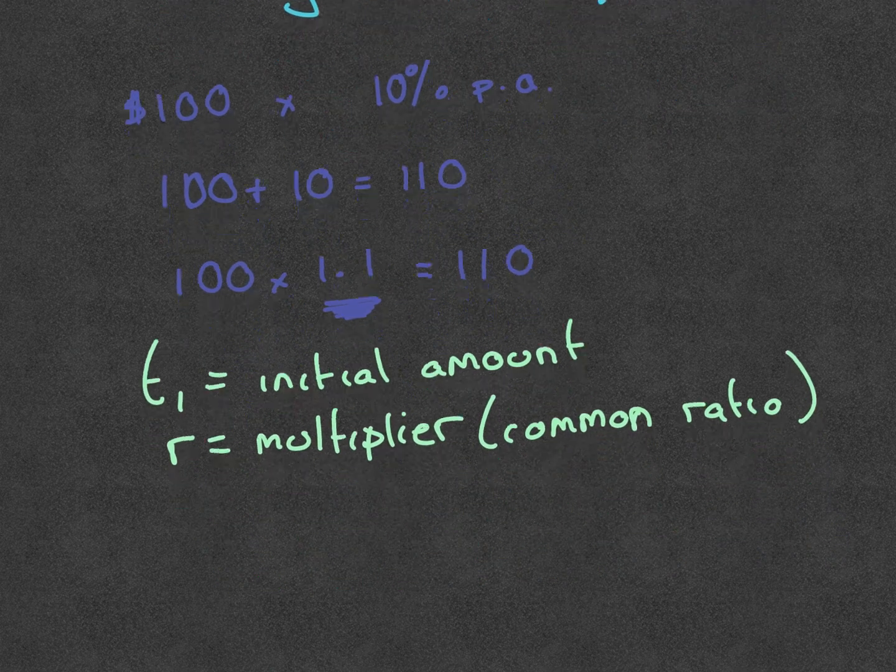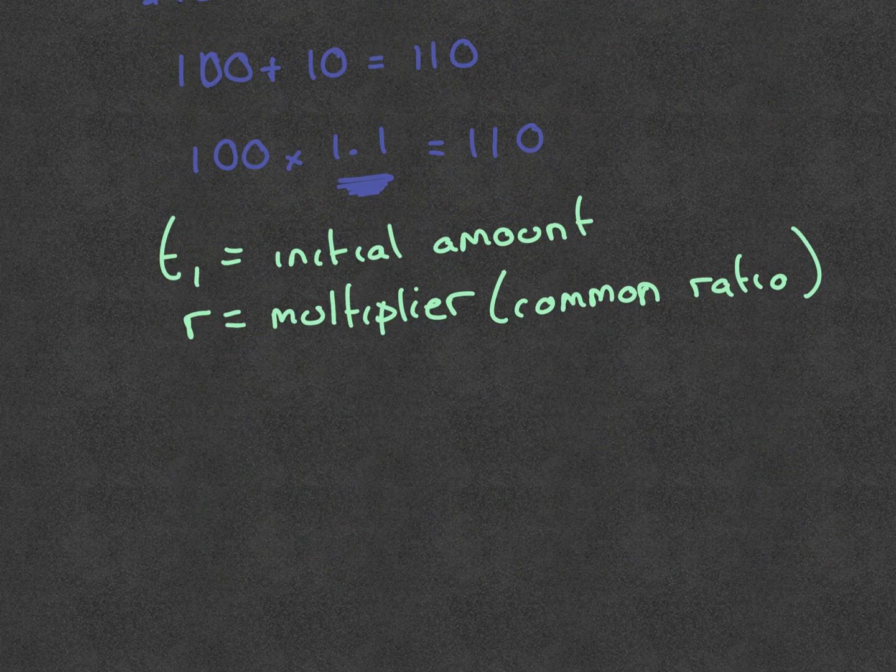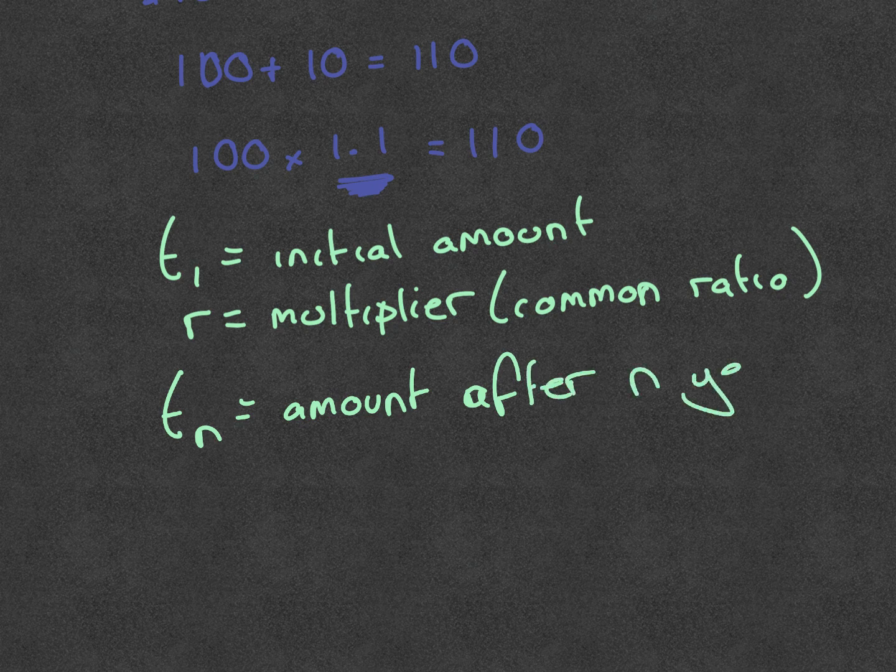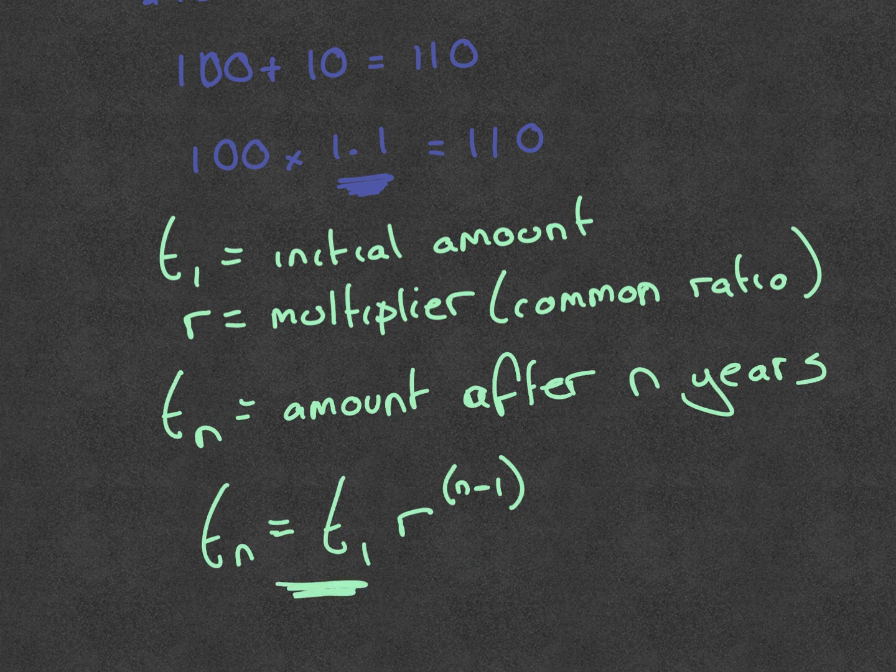Next we have Tn, that's going to be our term number again, or the amount after n years. And again we can use the same equation here. So Tn, the amount that we have after n years, is going to be equal to the initial amount multiplied by the common ratio or the multiplier raised to the power of n take away 1. So we can use this to work out compound interest as well.